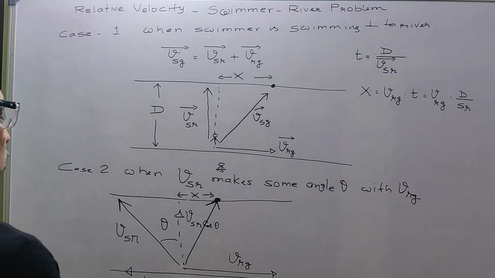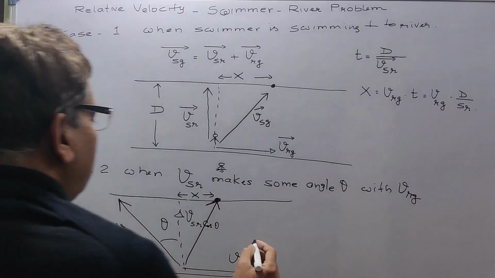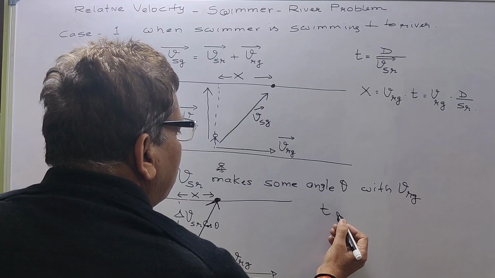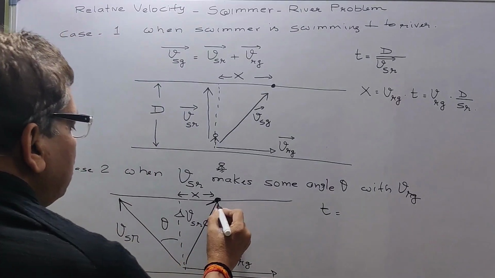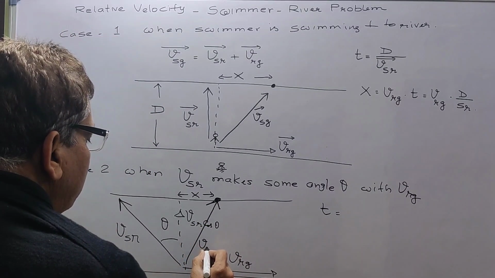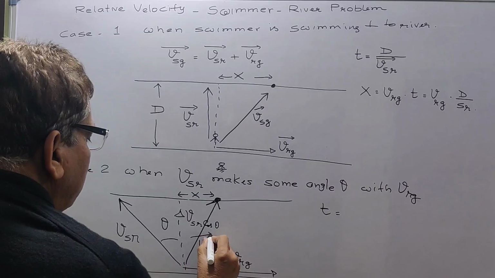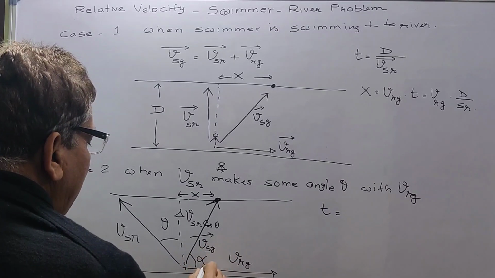Now I can find out what time it will take to cross the river. T can be written as, if this will be the value of V swimmer with respect to ground, right? And let us take this is angle alpha.